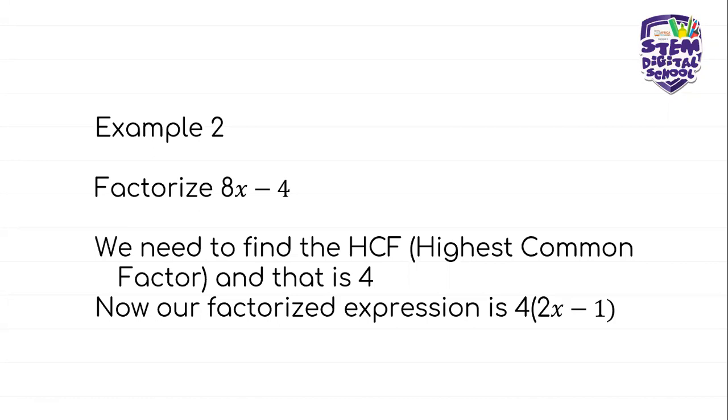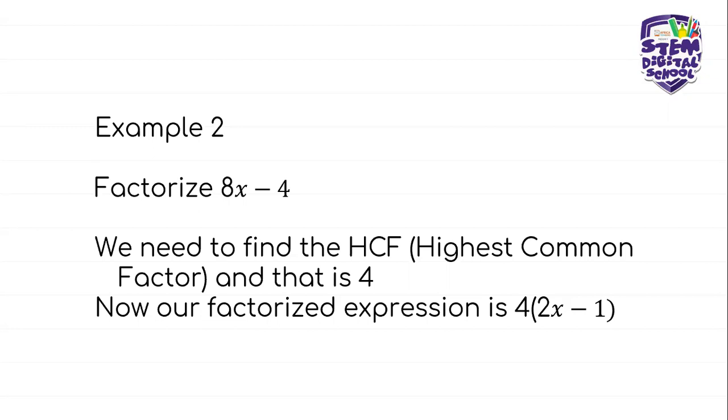If you take out 4 there as a highest common factor, you know that the expression will be 4 into 2x minus 1, because once you take out 4, in order to take the expression back to its original form, you'll have to multiply the same 4 by 2x and then minus 1.